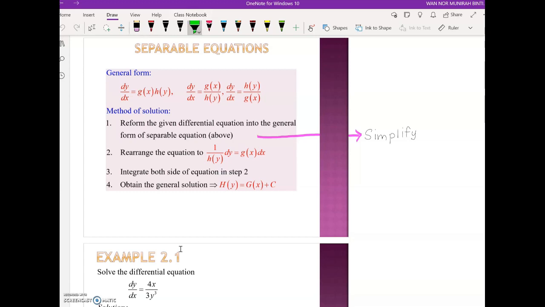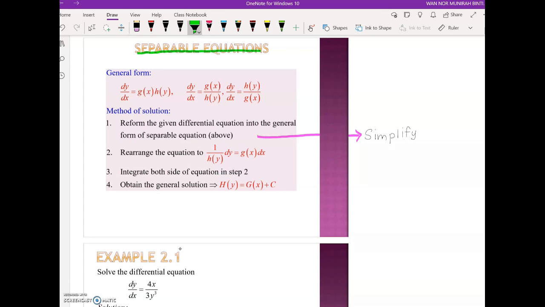Since we have 4 types of equations, which are separable, linear, exact, and homogeneous, the first step is you must be able to identify the type of the equation.